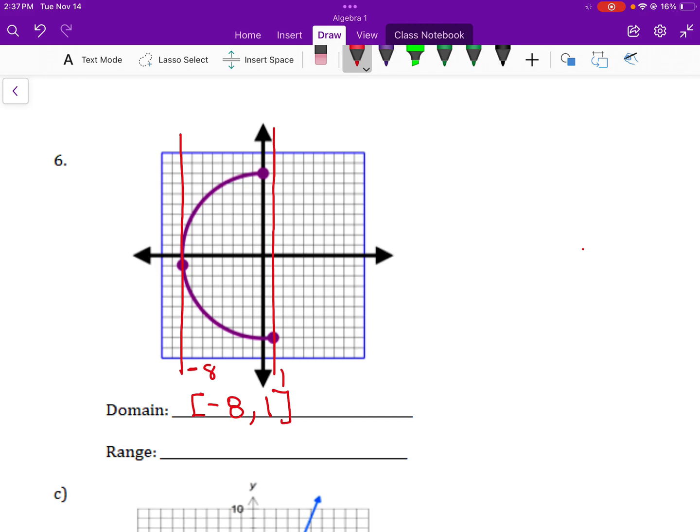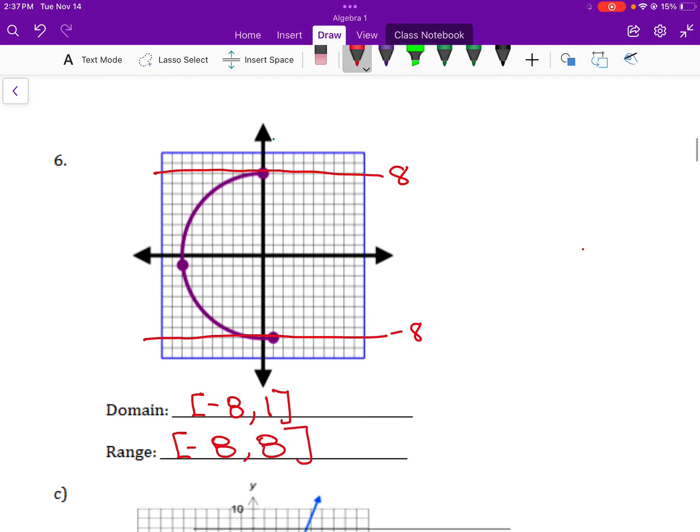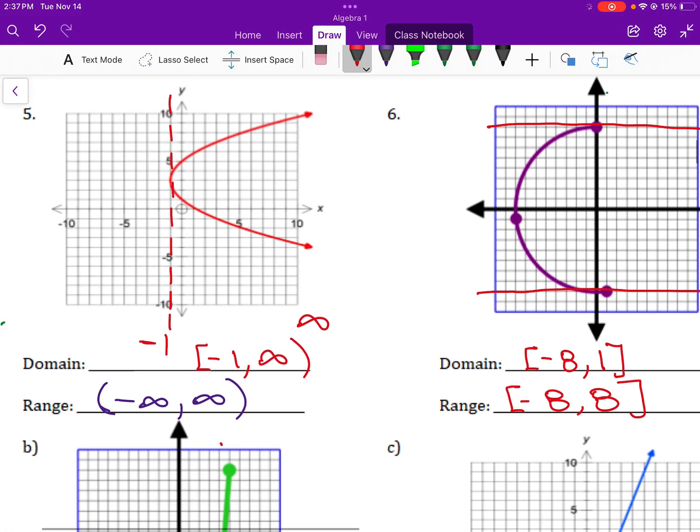Okay, range, we're cropping in the other direction. Right, so if we get a different color here, that's going down to -8 and up to +8. Range then, -8 to +8, because we're thinking how is it cropped bottom and top. Okay.